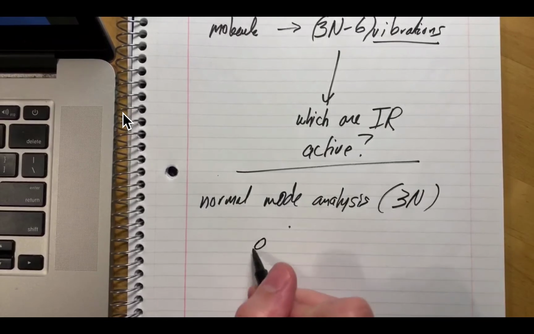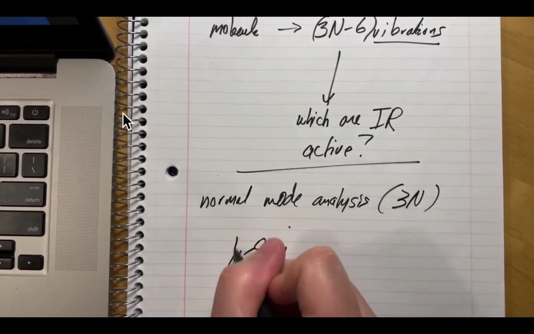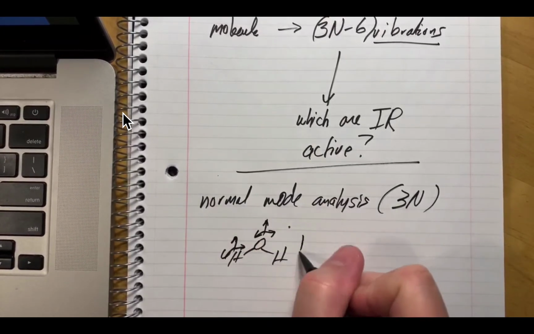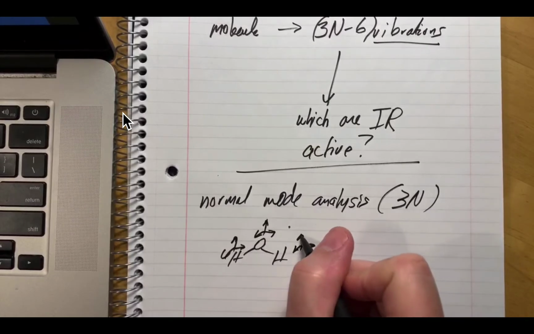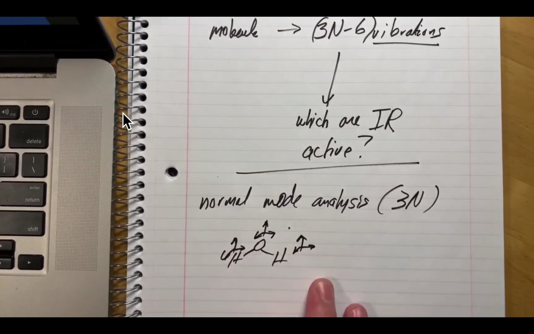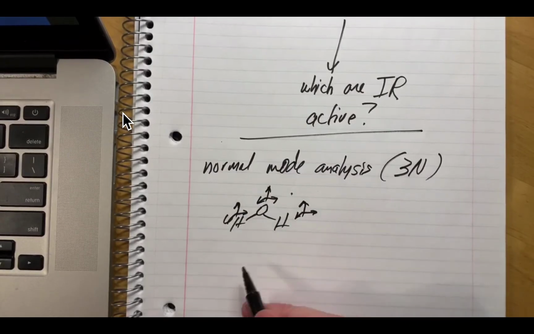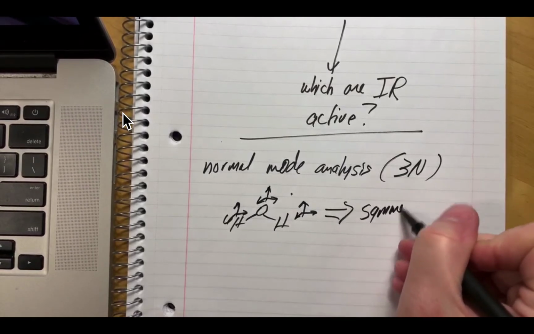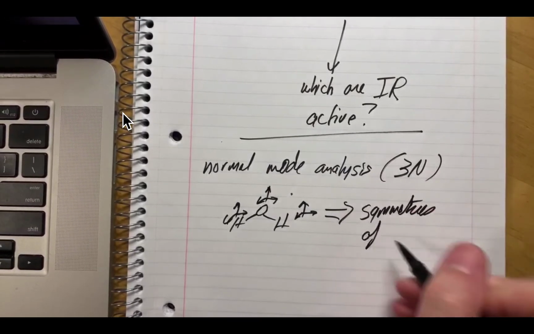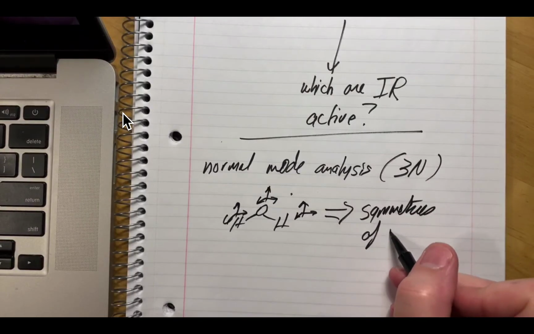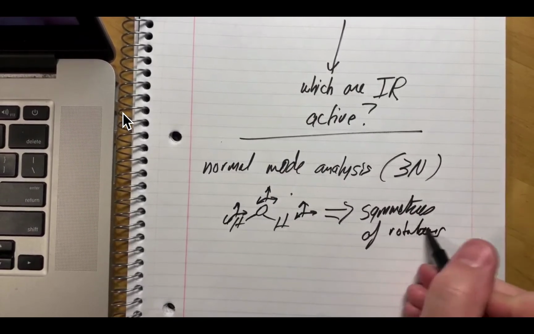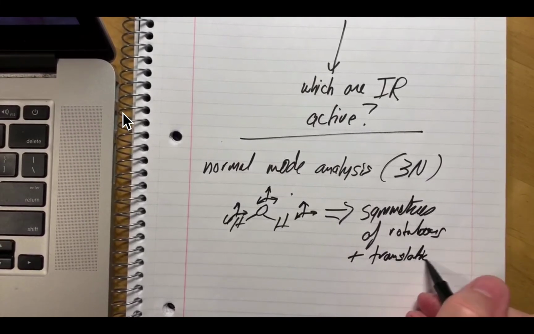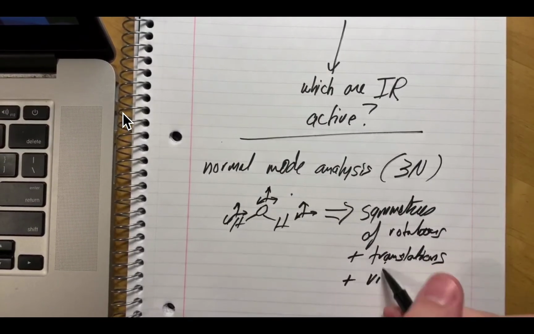And what we do is, if we want to use water here again, we actually go through and we think of setting a series of 3 vectors on each of the atoms. So 9 total vectors that we have here. We go through and we do an analysis. That analysis spits out the symmetries of the rotations plus the translations plus the vibrations.